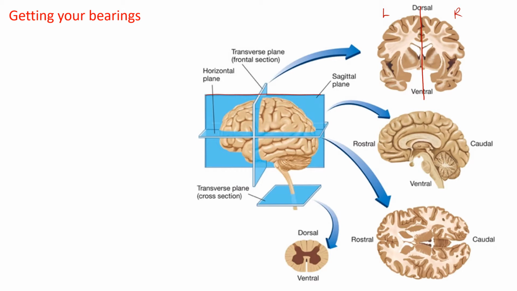If you're talking about your coronal or frontal section, you're basically cutting your brain into front and rear, or anterior and posterior.